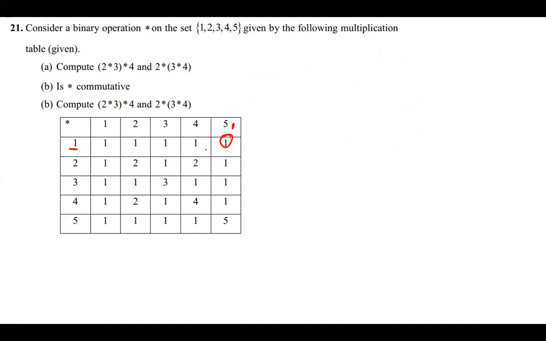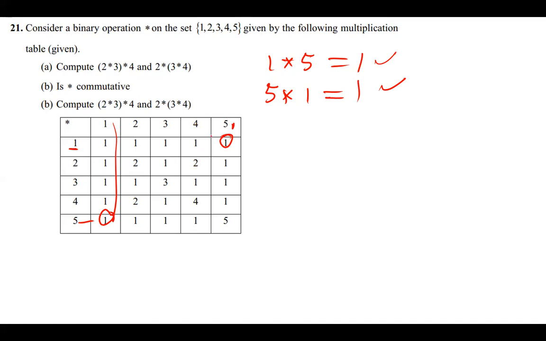Let us try to find 5 star 1. So 5 star 1, the answer is still 1. So this one, at least, has helped us to know that it is commutative, though we are not sure.